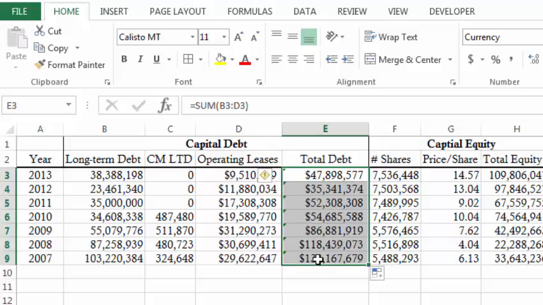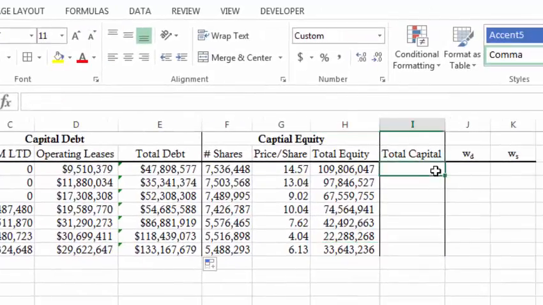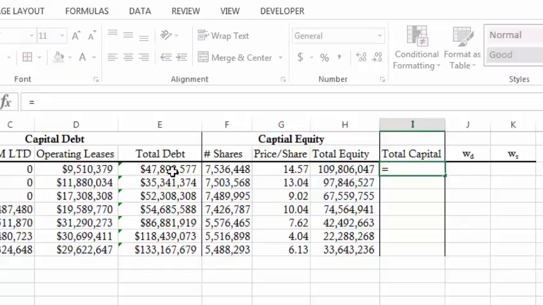So I'm going to bring that one down. You can see, interestingly enough, this one has the highest number in the same place that that one had its lowest number. Kind of interesting. And so we're going to be looking at total capital being equal to total debt plus total equity. If you have preferred stock, you're going to have to expand it a little bit.